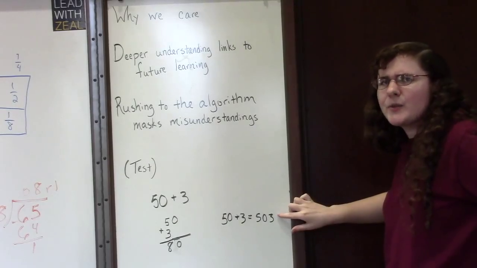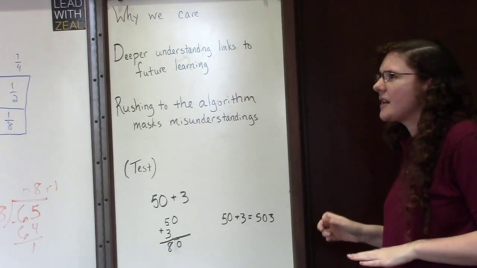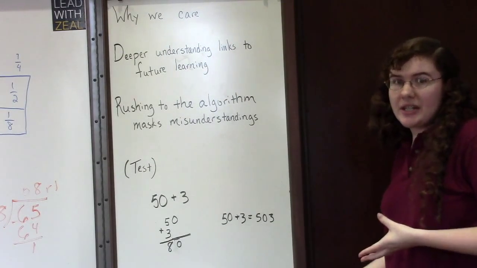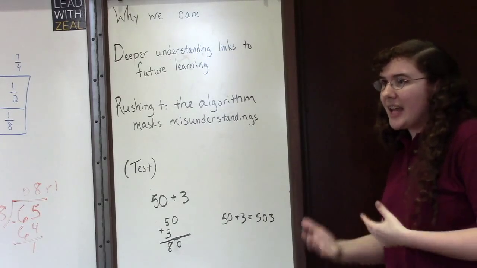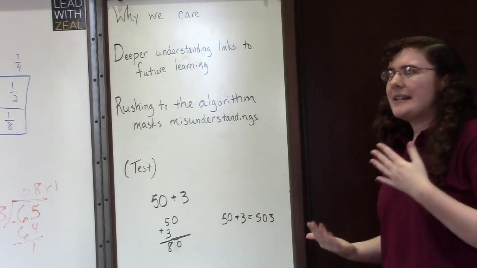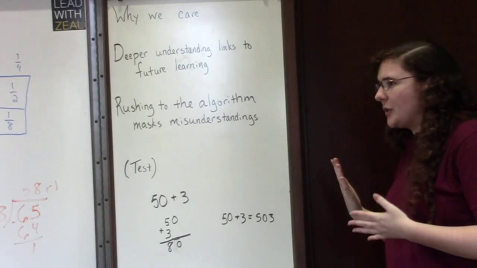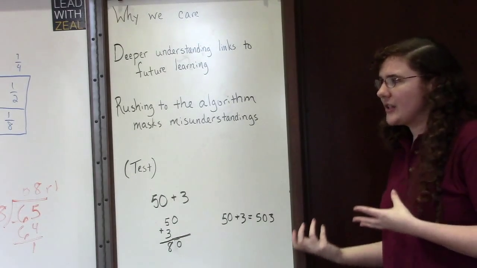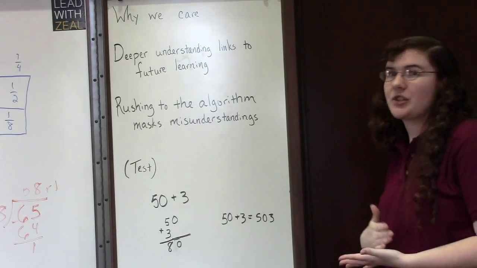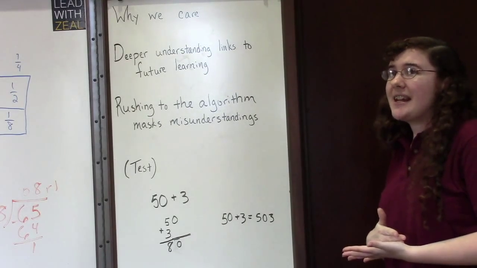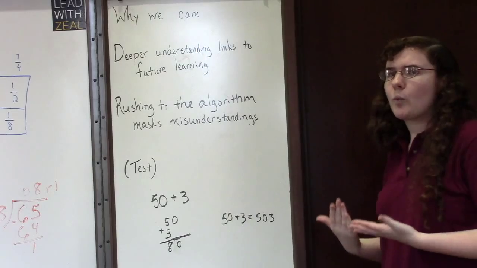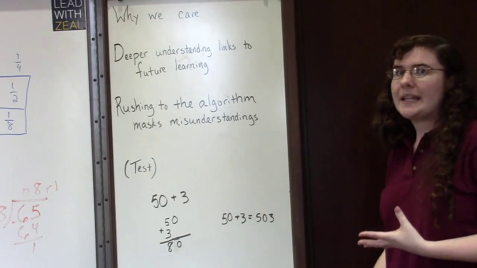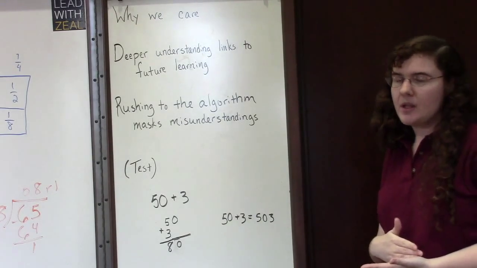So there's lots of ways that students can have misunderstandings and not have these things corrected for years and years. You can run into 5th or even 6th graders who don't understand any of these computational steps because they never learned why they work, only how to do them.